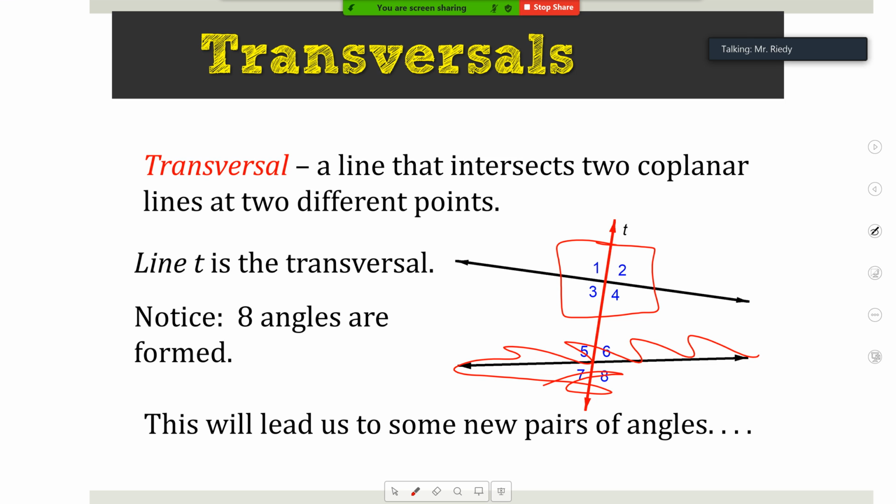Yes, very good. Which makes them what kind of angles and what's their relationship? Vertical angles.